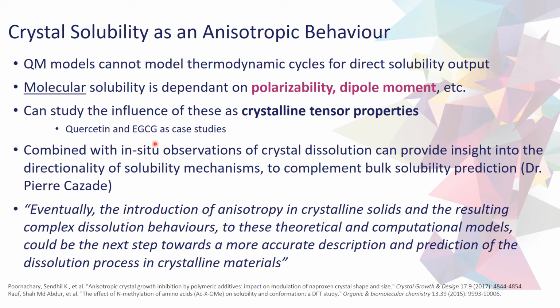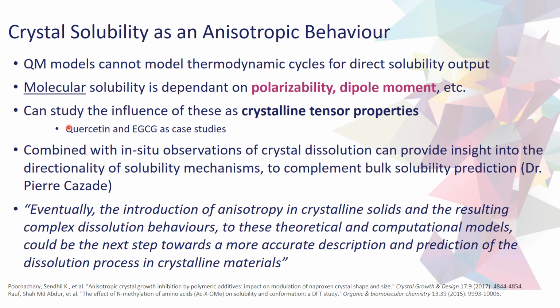And we've two interesting case studies of this. We have quercetin and EGCG, both widely studied drugs, both widely studied by SSPC researchers, and there's about an order of magnitude difference in their solubility.